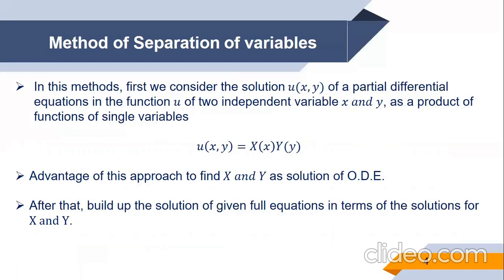Again, in this method, first we consider u(x,y) of a partial differential equation, a function u of two independent variables x and y, as a product of functions of a single variable. That means u(x,y) is equal to capital X, a function of x, times capital Y, a function of y.